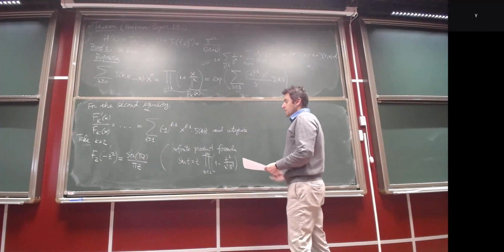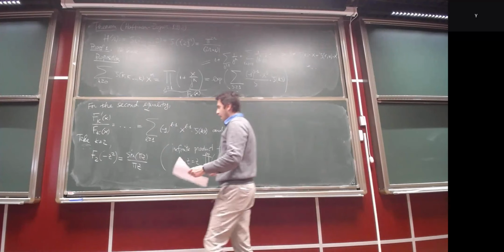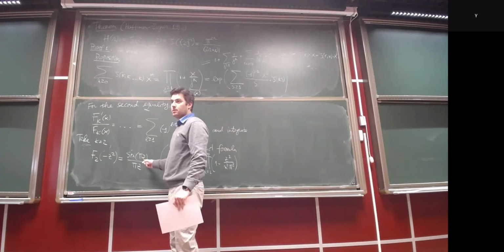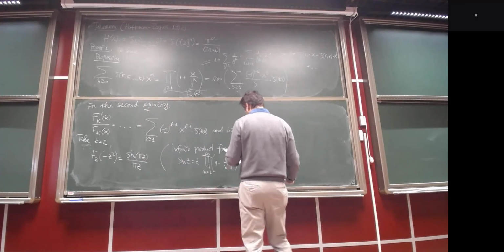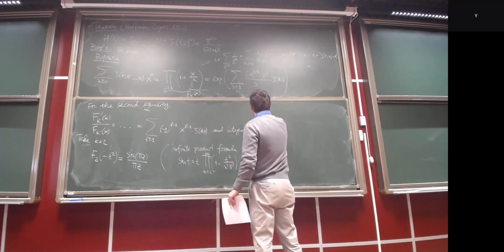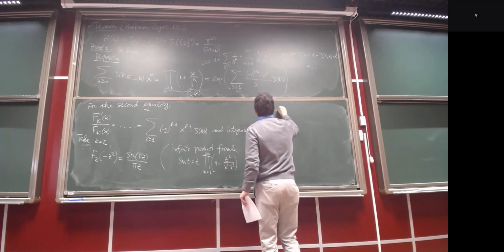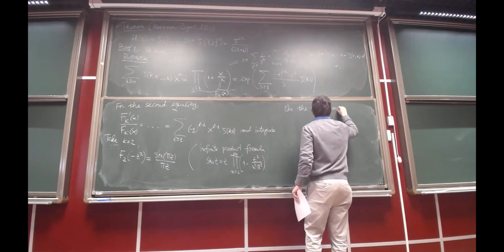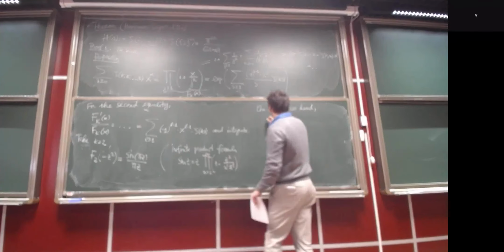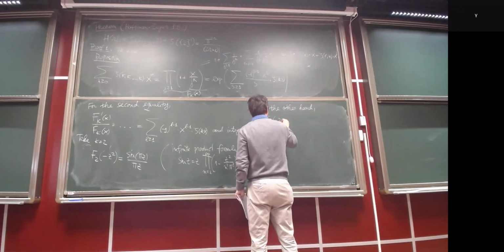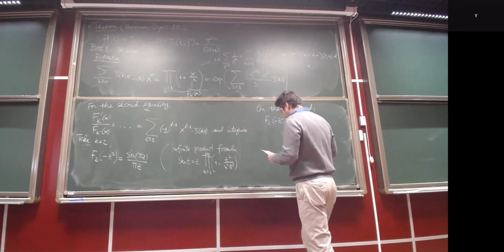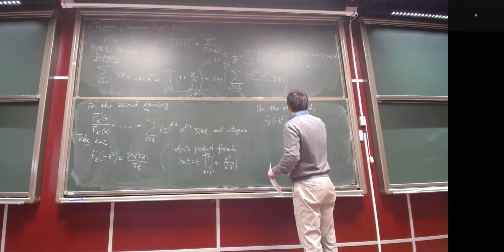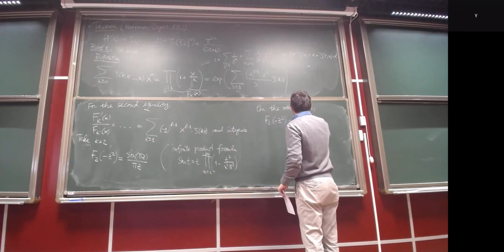And now, guess what? On the other hand, we can expand this by its Taylor series. So on the other hand, we have that f_2 of negative z squared, which is, like I said, sine of pi z over pi z.